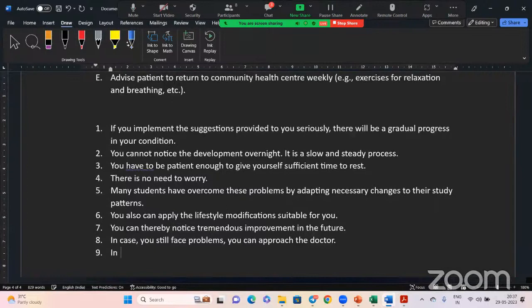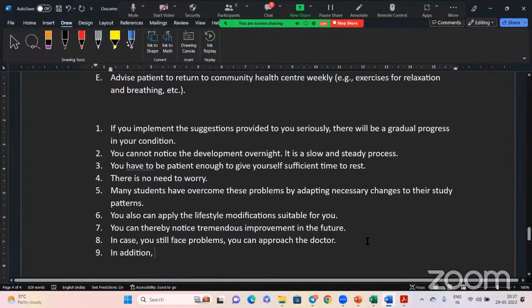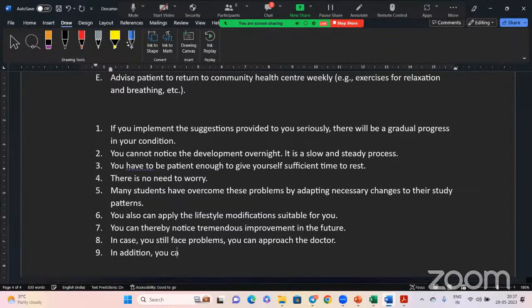In addition, you can visit the community health center on a weekly basis.